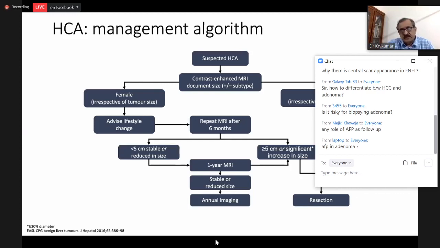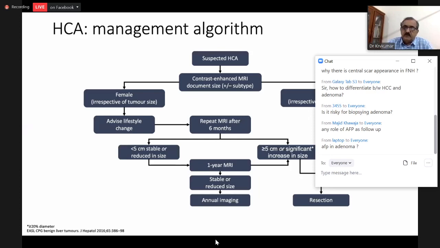So in mostly 95% of cases, they will have typical features and it may not be a big problem. Usually the differential diagnosis is with FNH, where if you make the diagnosis, you leave it alone, and if you make the diagnosis of adenoma, you need to resect. So often the differential diagnosis would be between FNH and hepatic adenoma and not hepatocellular cancer.